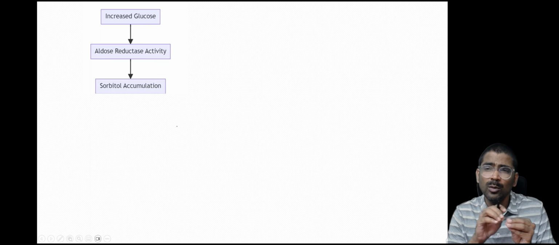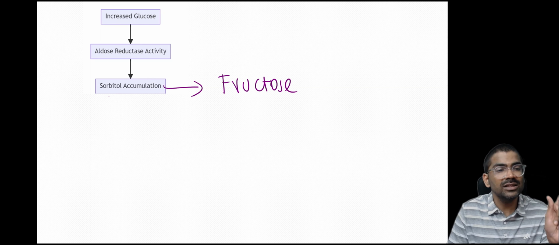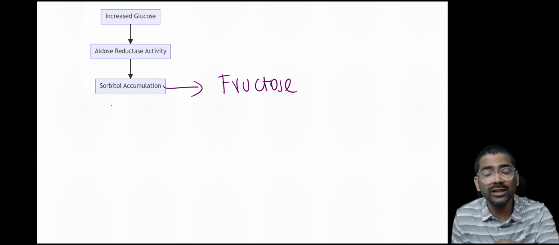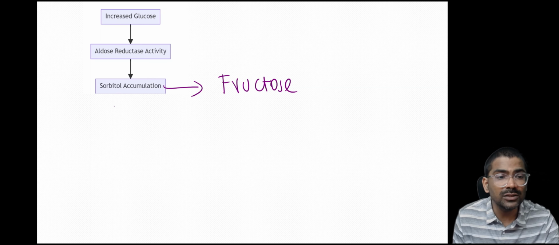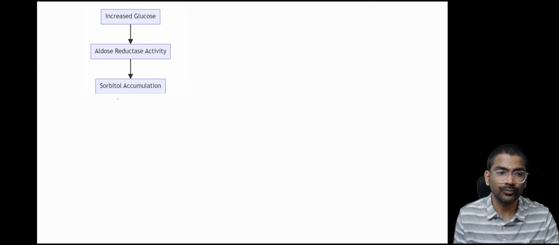Then you may think there will be more production of fructose, right? The conversion of sorbitol to fructose is slower than the production of sorbitol. That is why sorbitol accumulates in the eye.